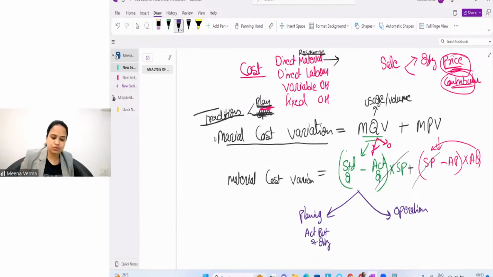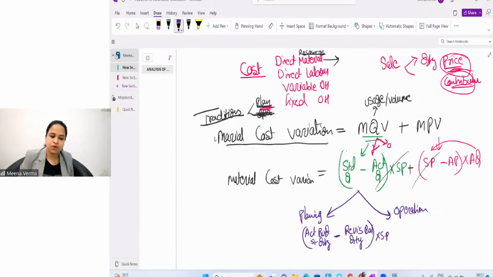What is the actual budget of the quantity? Then what is the revised budget of the quantity? Actual budget of the quantity minus revised budget of the quantity into standard price, right? Into standard price.